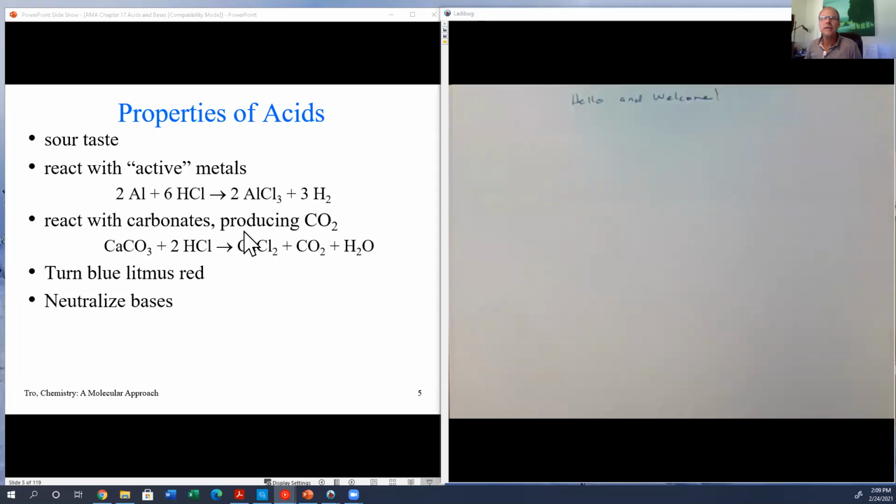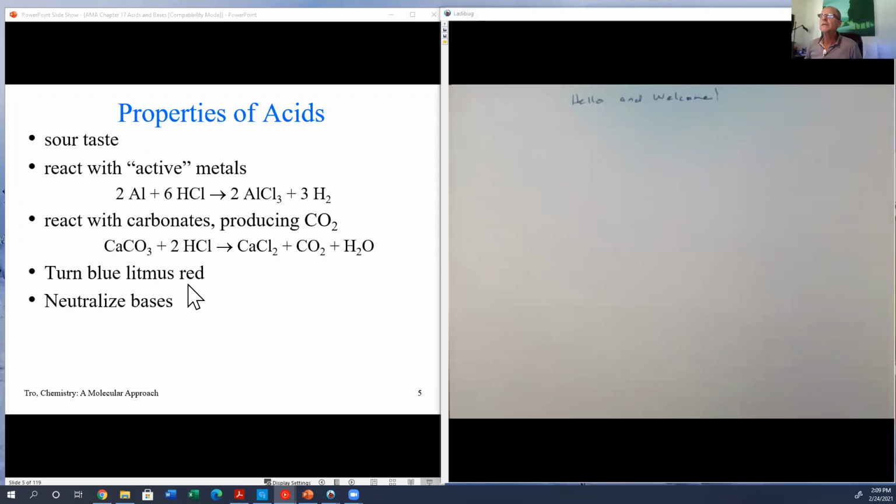Acids react with carbonates. So acids will react with things like concrete, for example, and dissolve the concrete, or react with things like marble and dissolve the marble. That's why acid rain can be a problem for statues and structures, right? The acids in acid rain can dissolve some of those, right?